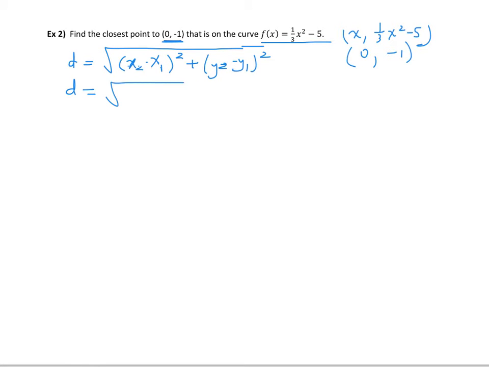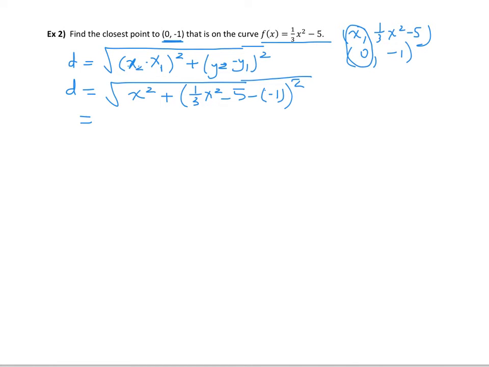We're going to have the square root of x take away 0, so I'm just using these x coordinates, x take away 0, which would just be x squared, plus the difference in the y coordinates. So we're going to have 1/3 x squared minus 5 take away -1, squared. Okay, so that's our grade 10 formula for the distance between 2 points, which was built off of the Pythagorean theorem.